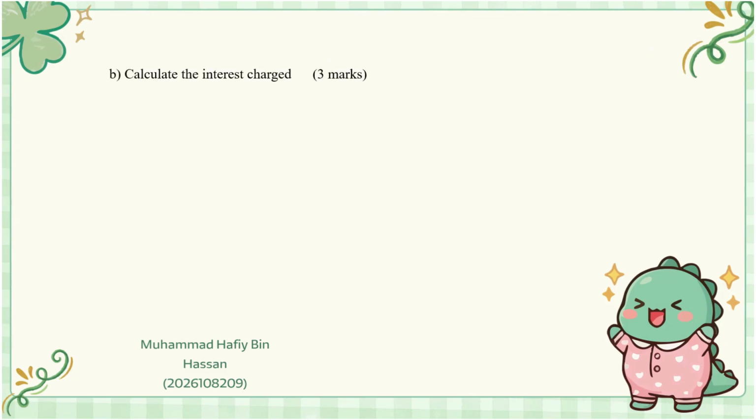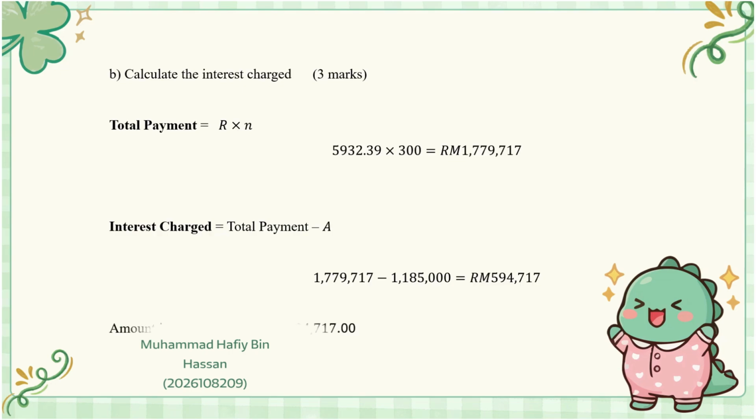Next, question B. Calculate the interest charge. First we must find the total payment, which equals R multiplied by n. 5,932.39 multiplied by 300, we will get 1,779,770.